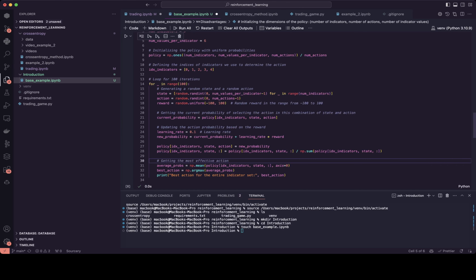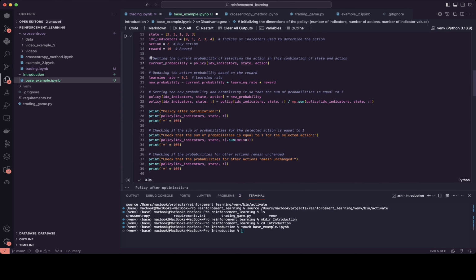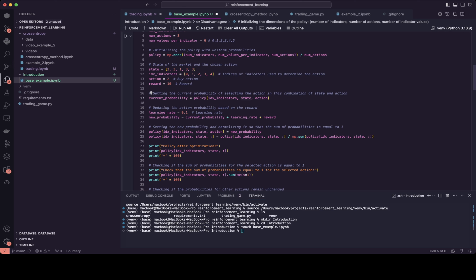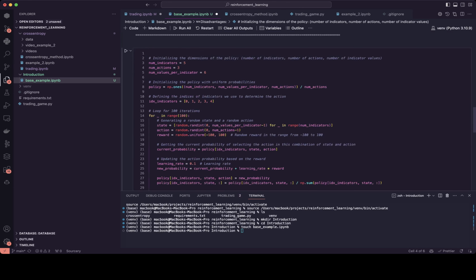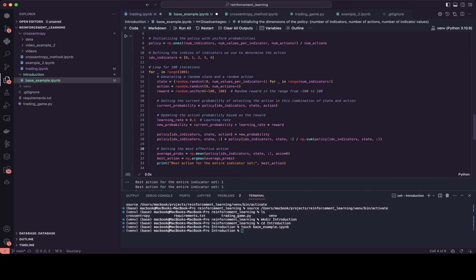Because the state could be something like that, and we need to understand that this state would change. There should be different values inside, and for each combination we need to define some probability. It is the main idea.